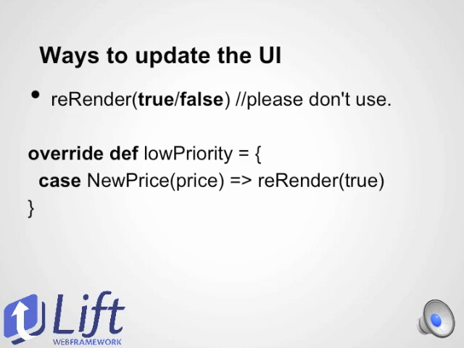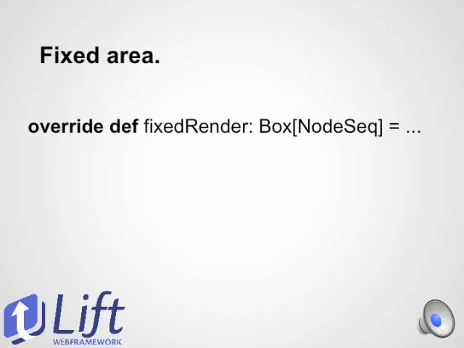But if for some reason you really need to update everything, even the fixed HTML, you can use true as the parameter, and then it will update even this fixed area. And speaking of the fixed area, this is how you define it. Inside your Comet class, you override fixedRender, and the type of fixedRender is a Box NodeSeq, which is basically a box of HTML.